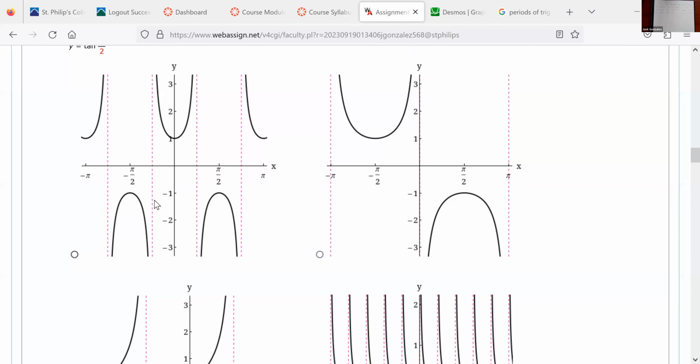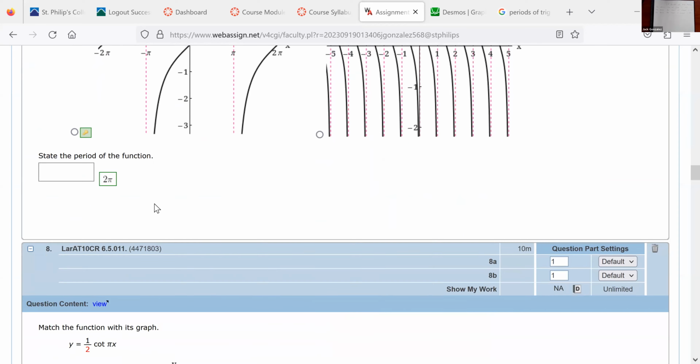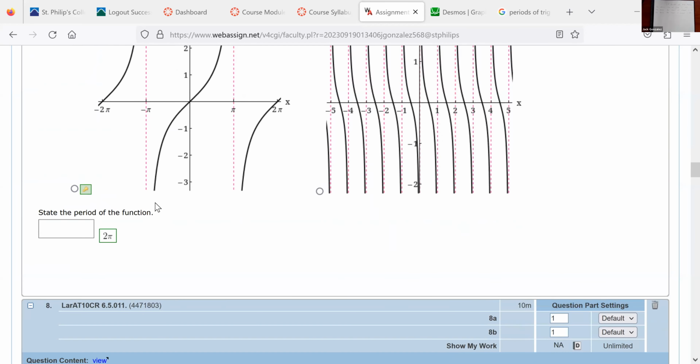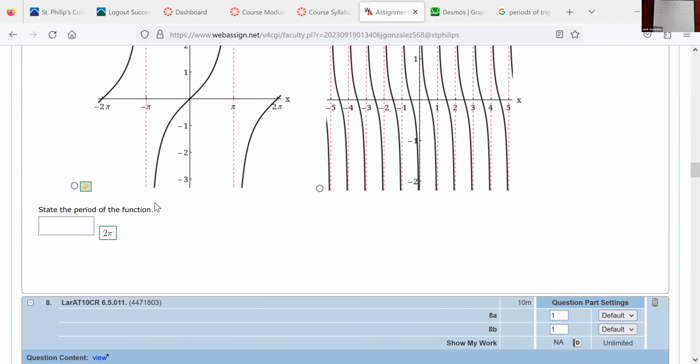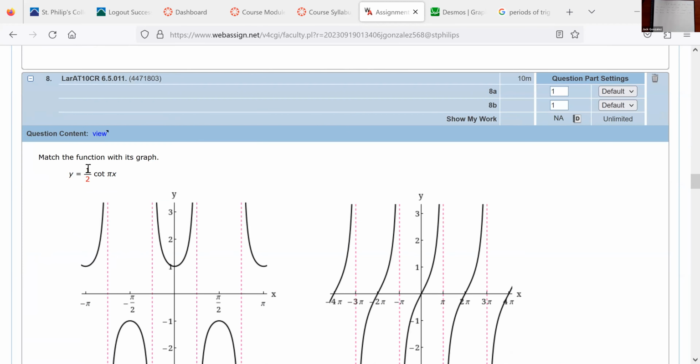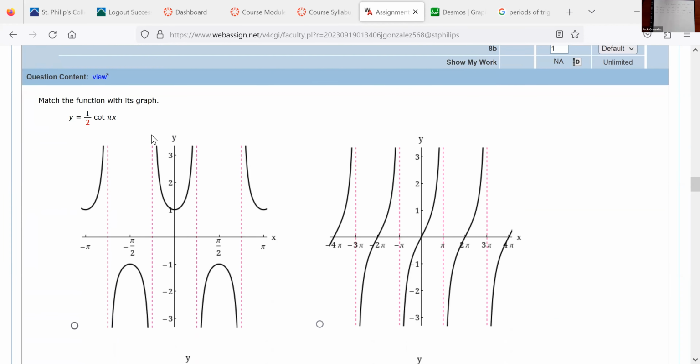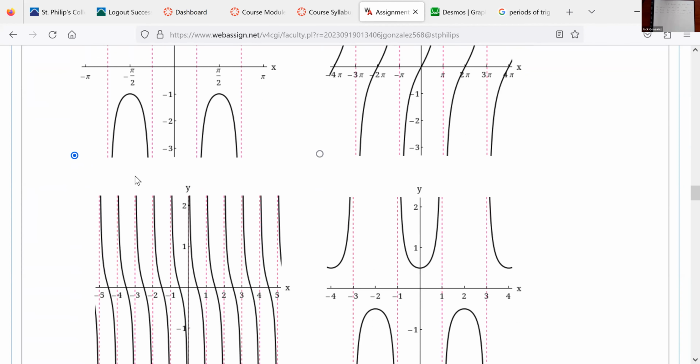Does that make sense? Here the 1/2 shrinks the amplitude. It'll kind of stretch or compress depending. And then this will change the rate. So if you know what cotangent looks like, just see the one that transforms.